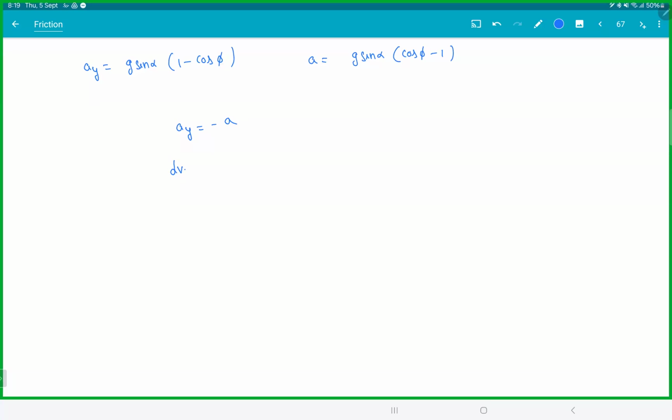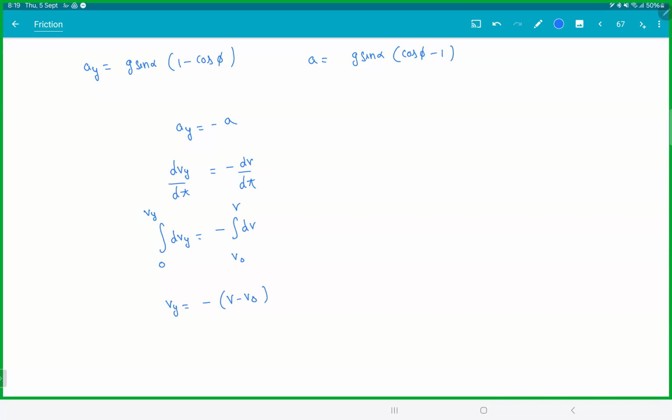Ay is nothing but dvy by dt, and a is nothing but dv by dt. Dt goes off. Integral dvy is equal to minus integral dv. So initially, what was your vy? 0. Initially, what was v? V naught. Finally, what is the speed? V. So we get vy is equal to minus (v minus v naught).